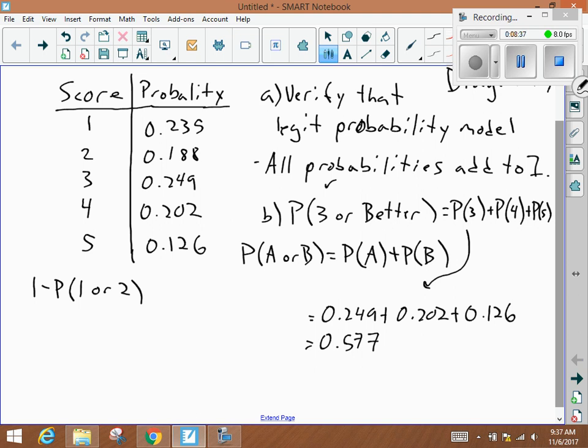You could use the complement rule as well. That would be an option. It seems counterintuitive to do it that way, but it works.